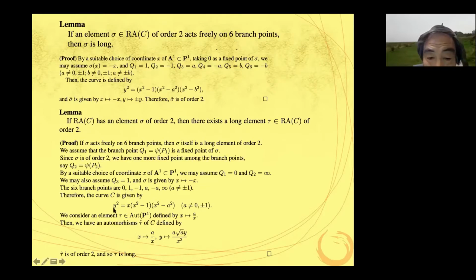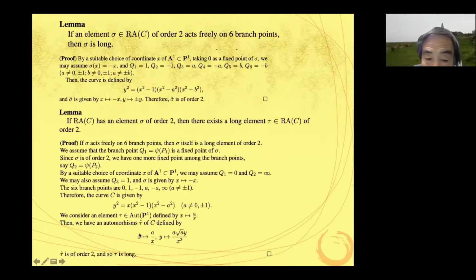So the curve C is given by like this. And we consider an element of the reduced automorphism group of P1 defined by like this, then this belongs to the reduced automorphism group of curve C. And we have an automorphism tilde defined by like this.